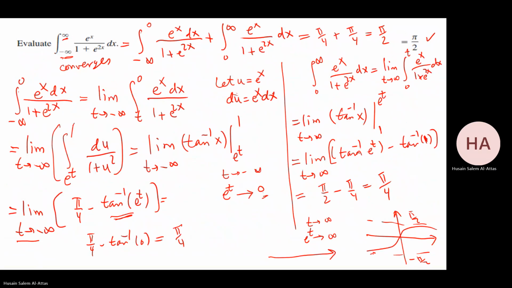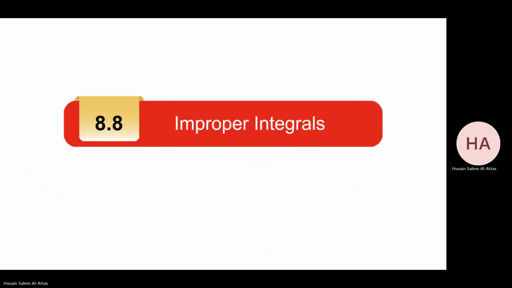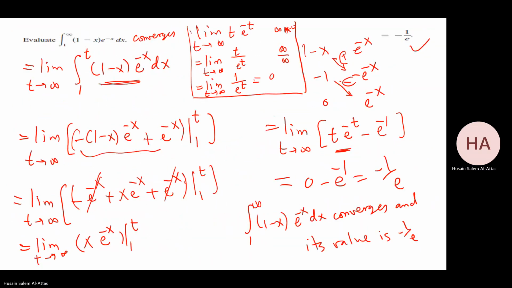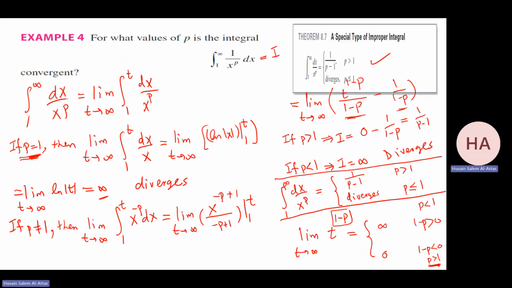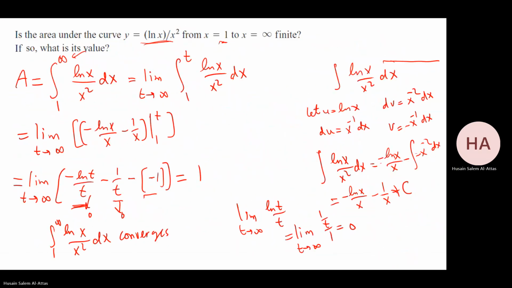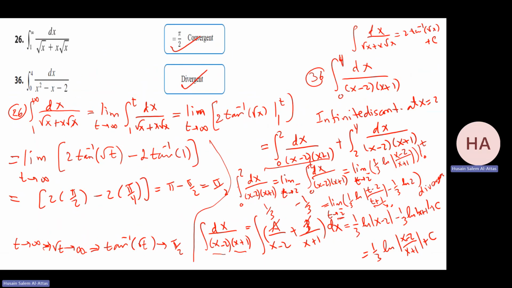No, this one is minus infinity to infinity. So I have 0 to infinity. Okay, let me do it again, no problem. Sometimes it's to save time, I will squeeze the things.